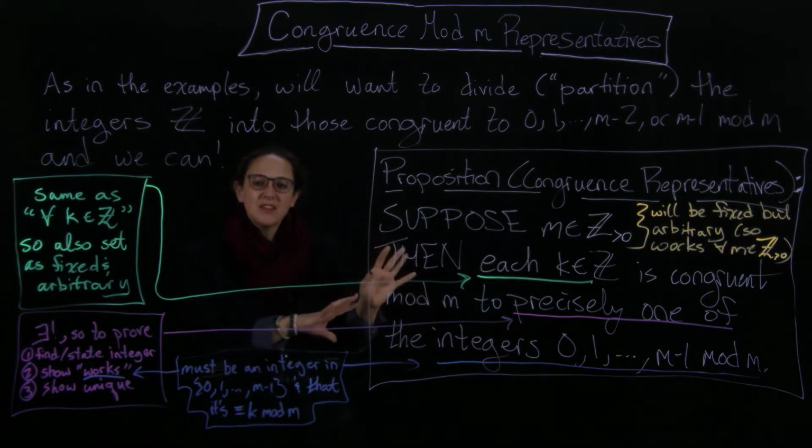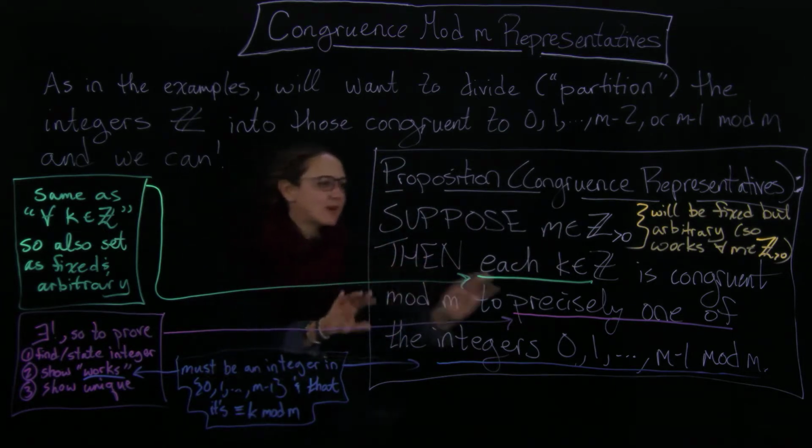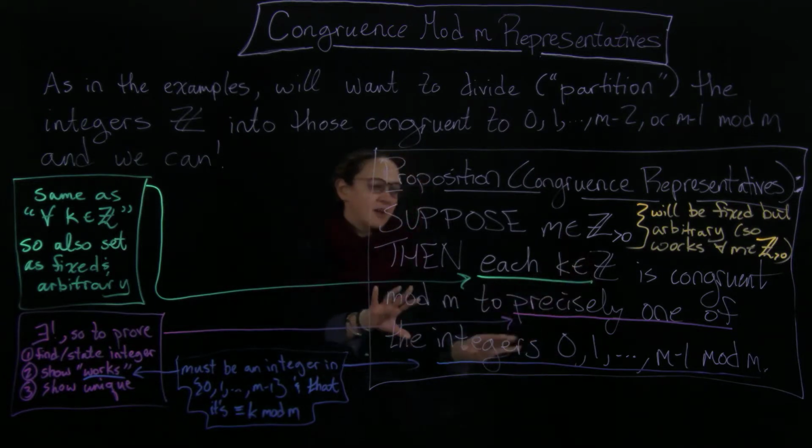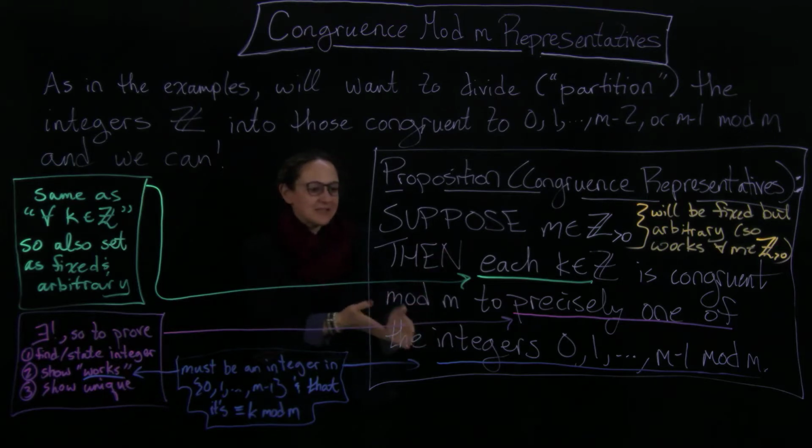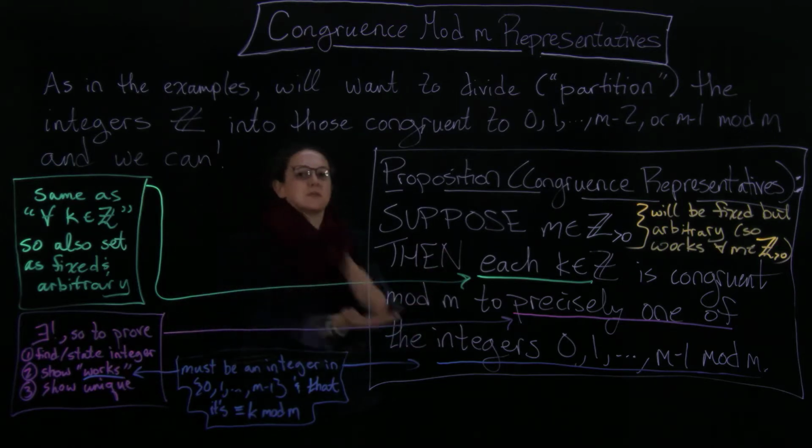Once you've done that, you're able to say that it's in precisely one of these equivalence classes, mod m. It's either equivalent to 0 or to 1 or up to m minus 1.